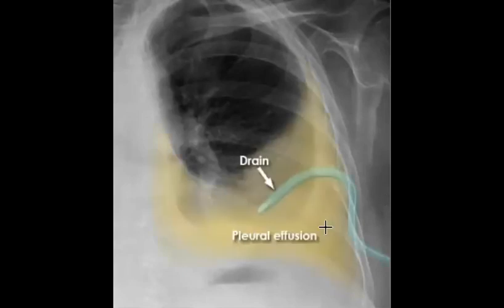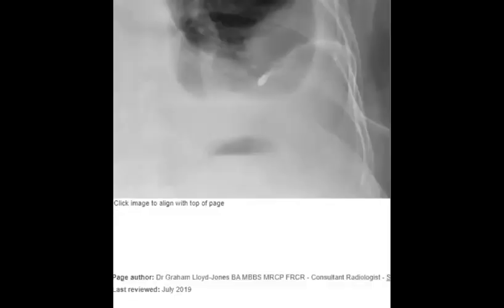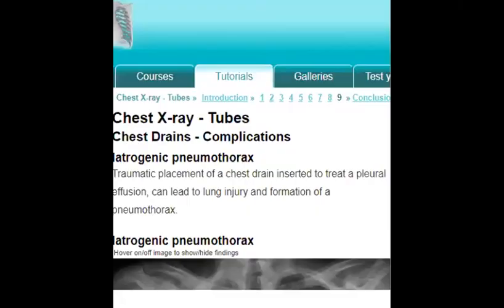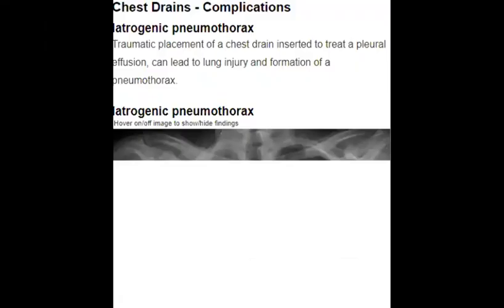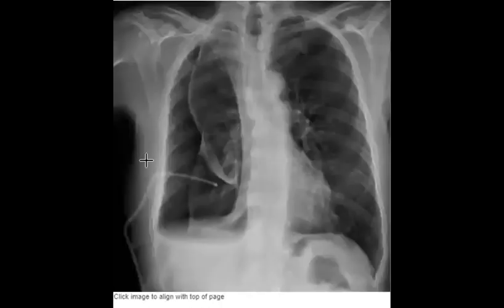So again, the chest drain, which is inserted for pleural effusion, will be in low position, different from the pneumothorax one. Okay. We're about to finish this. Yeah, you can see that the answer is easy. So, do you agree with this position here of this drain? Is it good or bad?